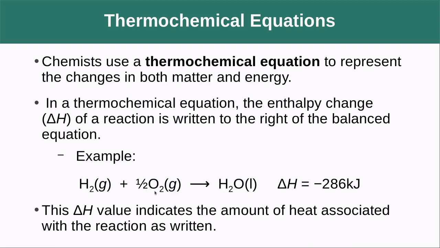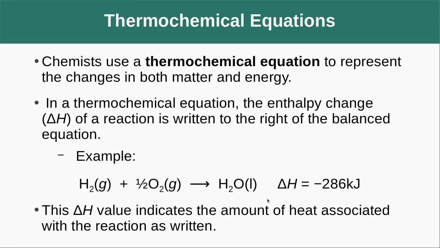You'll notice a lot of the time that you don't always have the least common multiple coefficients here, because the enthalpy changes when written like this, since it's an extensive property. If I had, say, two H2 plus O2 yielding two H2O, then this delta H value is going to double.